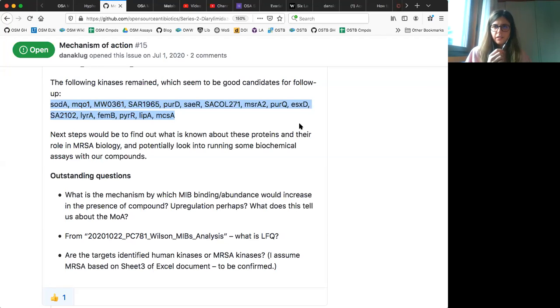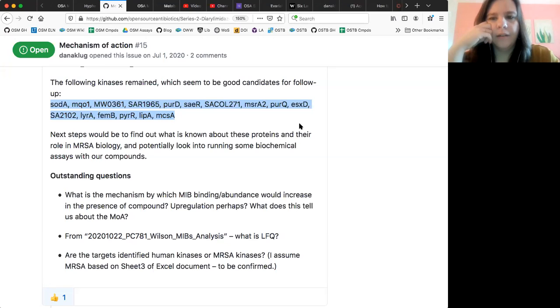I know that there is a database regarding these proteins. I need to check the name again, but there is a database in which proteomics analyses are detected. Yeah, but is it for MRSA or is it for humans?